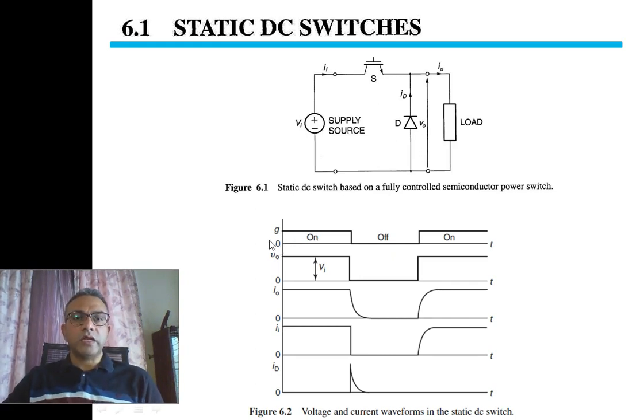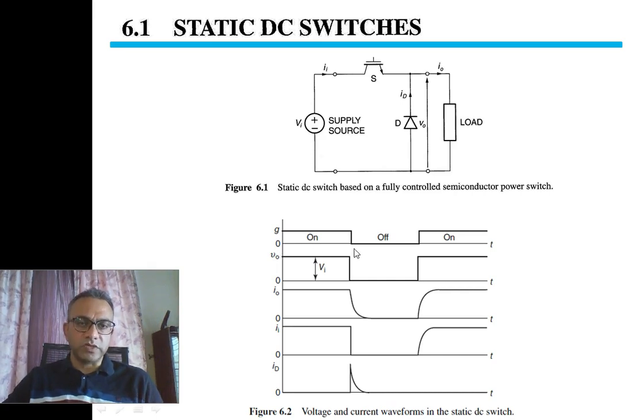Now let us look at the gate signal G. The gate signal G is on, that is, it is at a certain voltage above 0 volt. It is at a large voltage with respect to 0 volt, so it is a turn on signal, and this turn on signal remains high voltage for a certain period of time.